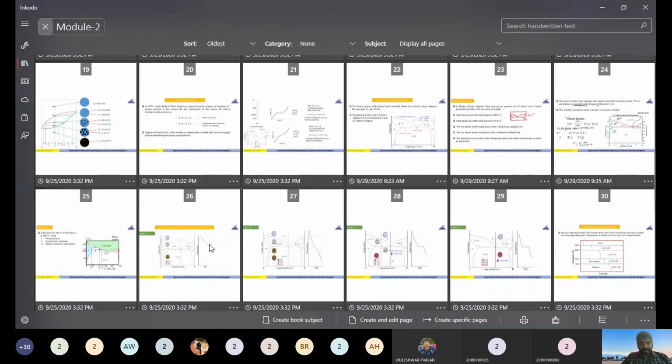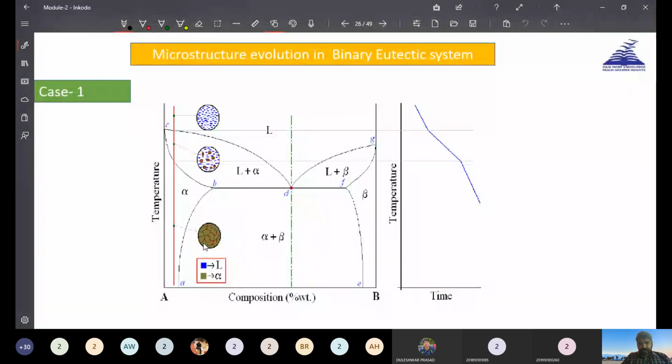Now the very important aspect of these binary eutectic diagrams comes into the picture. That is the development of microstructure. How this microstructure develops in the binary eutectic system.